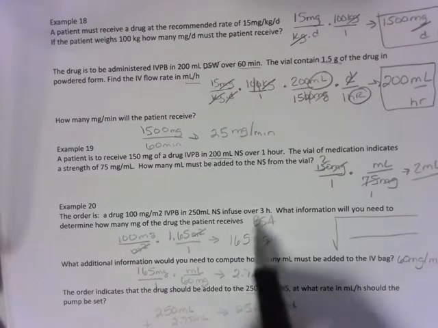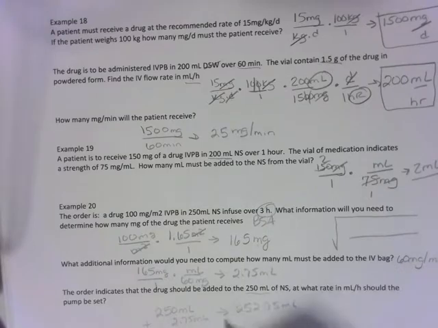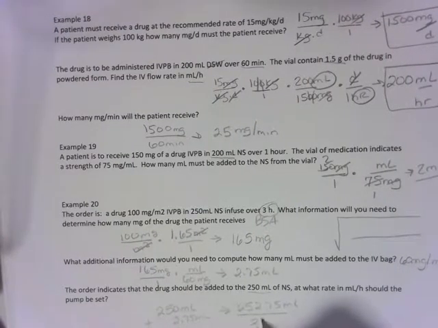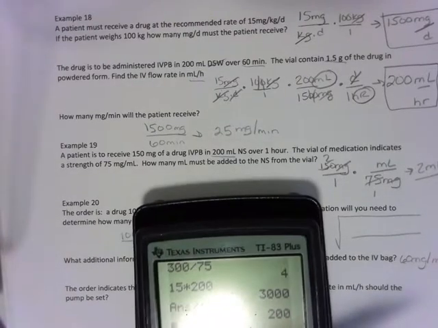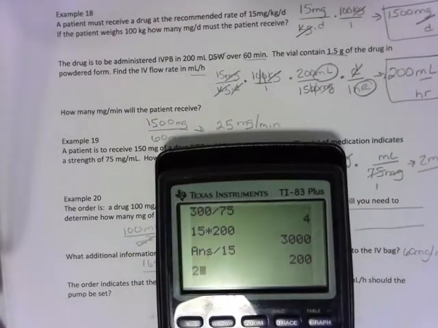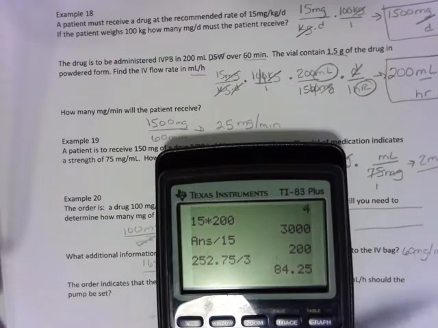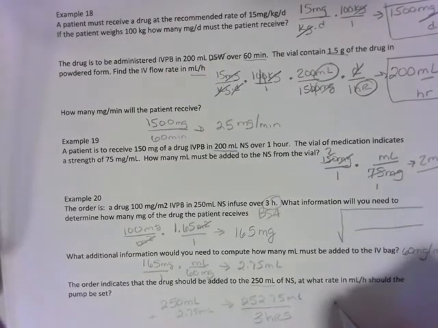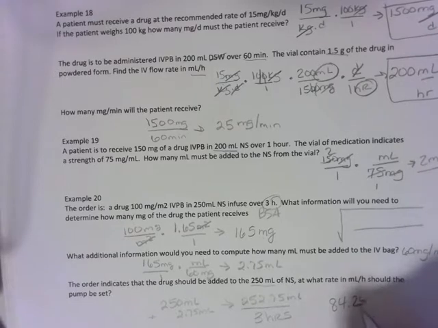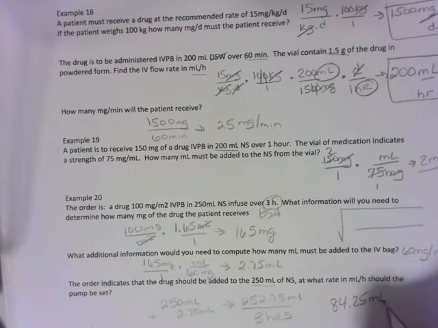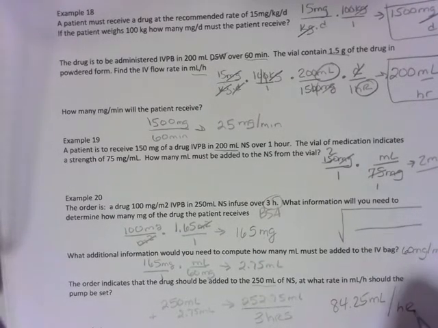Somewhere I read 3 hours. 252.75 divided by 3 hours, I get 84 mLs per hour.